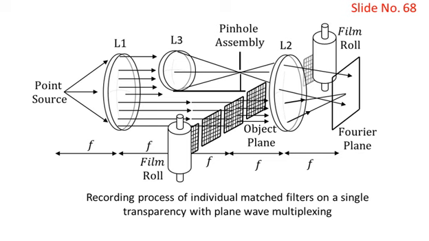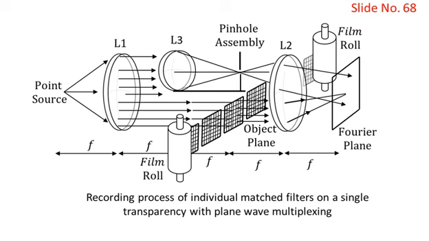Once this object is placed at the front focal plane of the lens L2, the light will pass, diffraction will occur at each object plane, and the diffracted wavefronts will be received by the lens L2, and the L2 lens will generate the Fourier transform of each object at its back focal plane. Since this plane wave is off axis from the center of the lens L2, the projected Fourier transform also makes some angle at the Fourier plane.